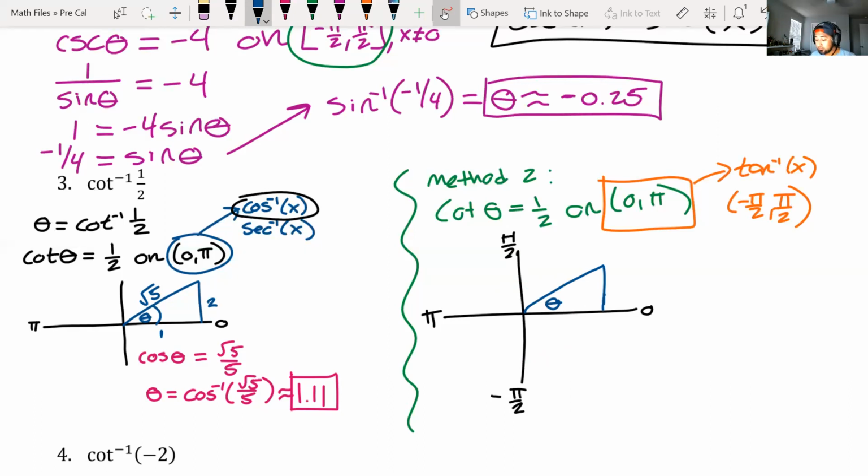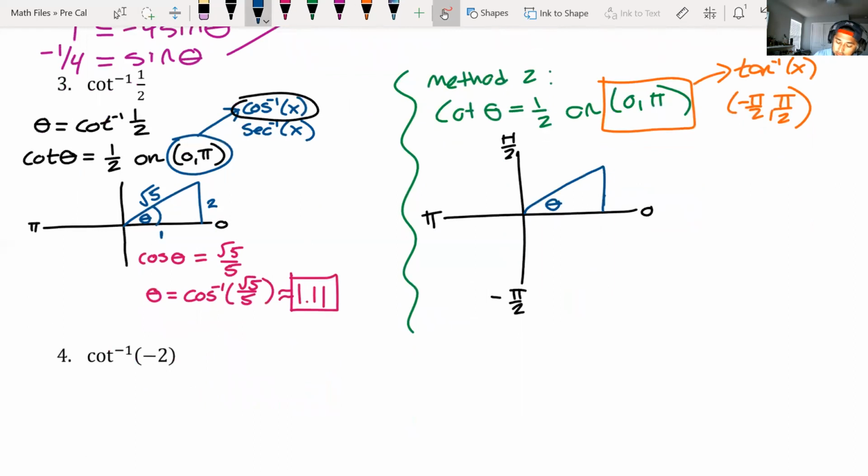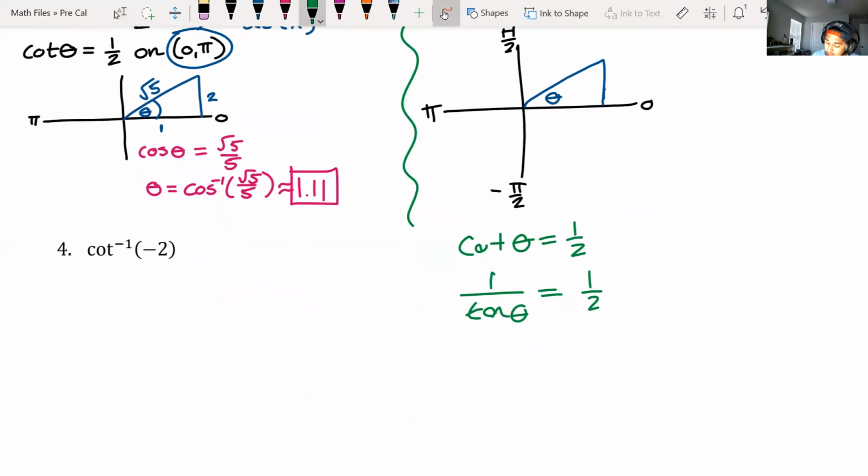So now let's change cotangent into tangent. If I start back here, cotangent theta equals 1/2. Then cotangent, which is the same as 1 over tangent theta, is equal to 1/2. If you cross multiply, you get 2 equals tangent theta.